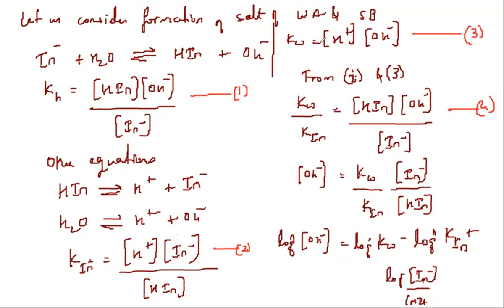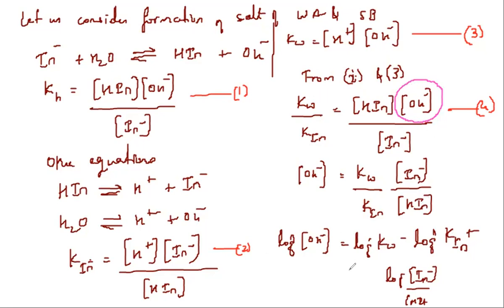And Kw is the ionic product of water, H plus into OH minus ion concentration. From 2 and 3, Kw upon K_In will give me this. So if I want OH minus ion concentration, it will be equal to Kw upon K_In, with In minus going up and HIn coming down.